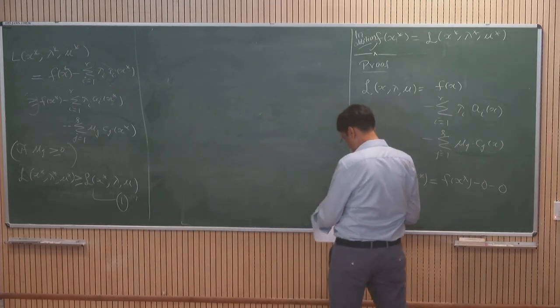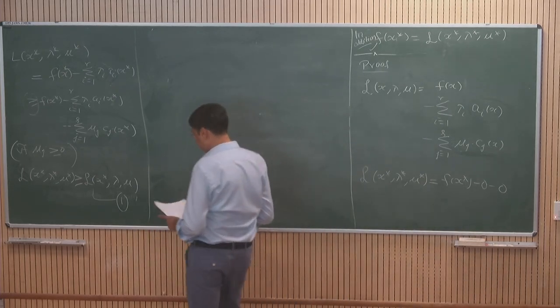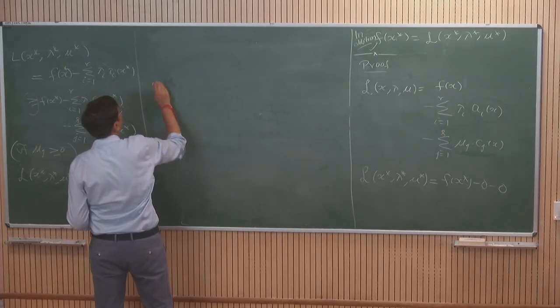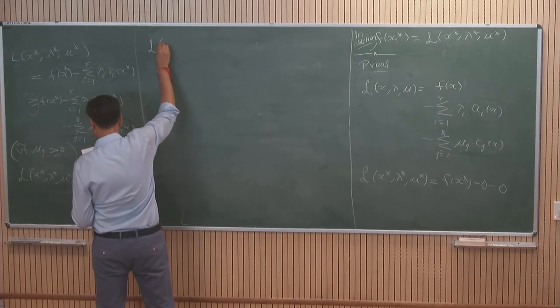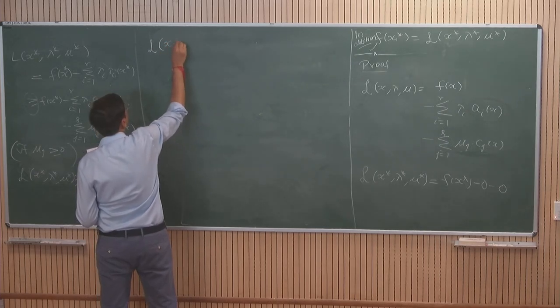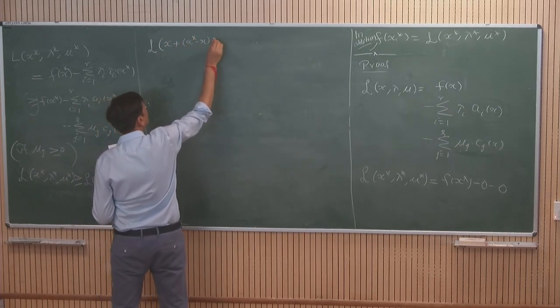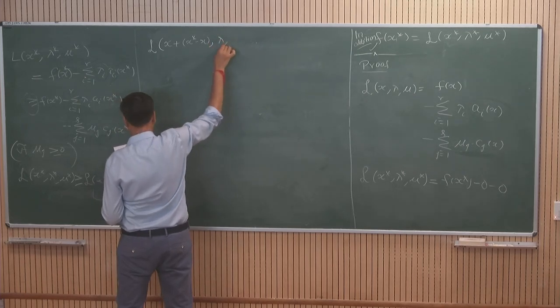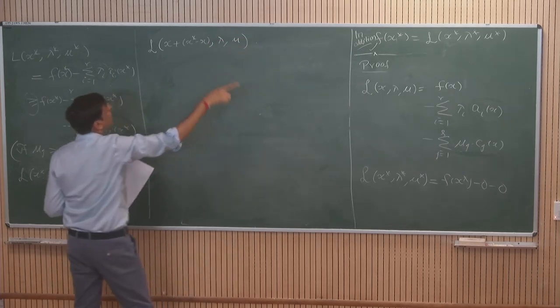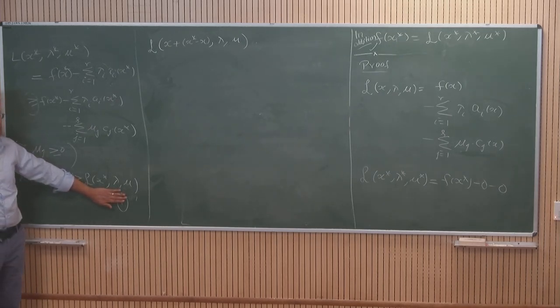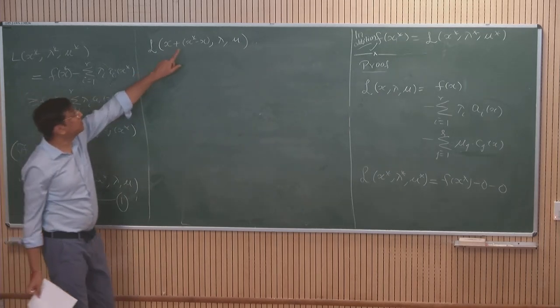Okay. So far so good. So what I'll do is I'll write L of x plus (x star minus x), comma lambda, comma mu. What is this? This is nothing but this guy, L of x star, lambda, comma mu. The x's will cancel out.